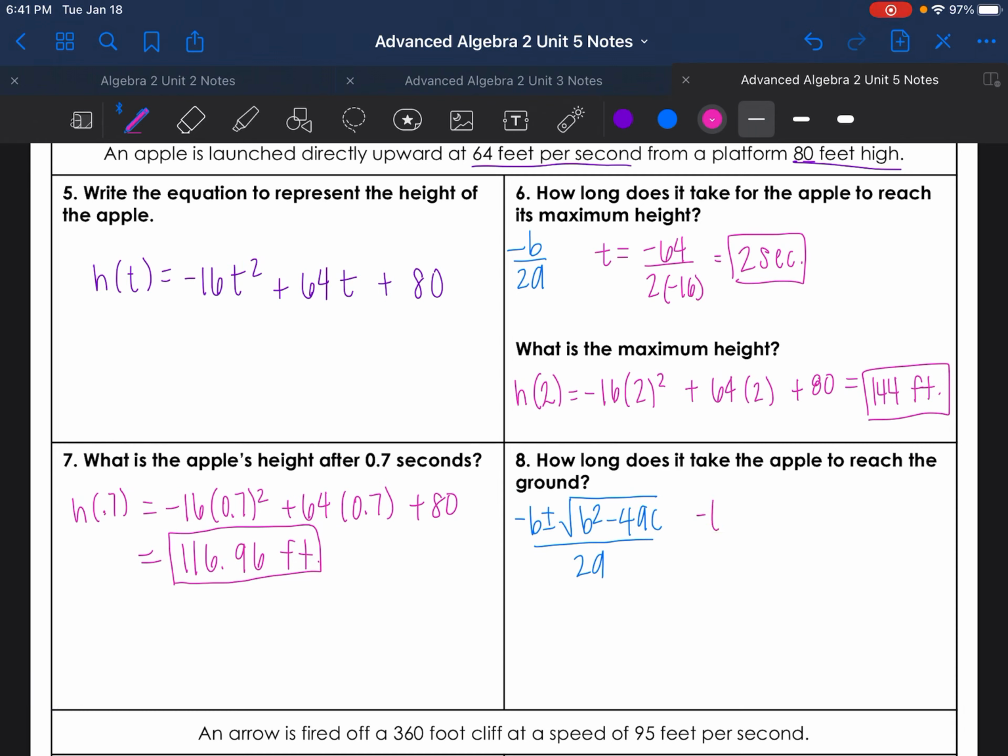Negative 64 plus or minus the square root of 64 squared, minus 4 times negative 16 times 80, all over 2 times negative 16.